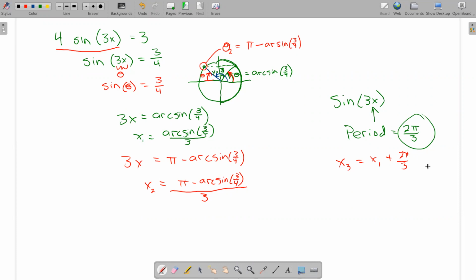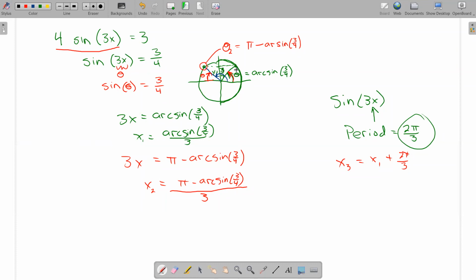So if you say, hey, I need solutions for this that are from negative 2 pi to 0, then I would say, oh, okay, then I would take either of these and start subtracting that period to get some of those solutions.